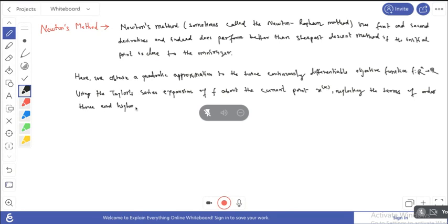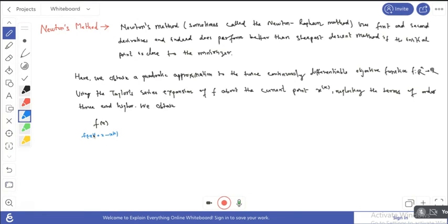Now, by using simple Taylor's expansion, we obtain, for a general f(x), where x means the next iteration, that is xk plus 1. What is the value of that x? We can write the function value at xk plus x minus xk.